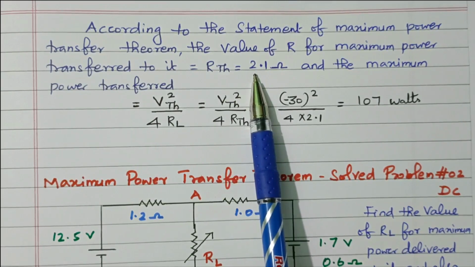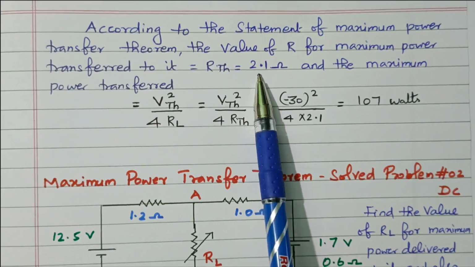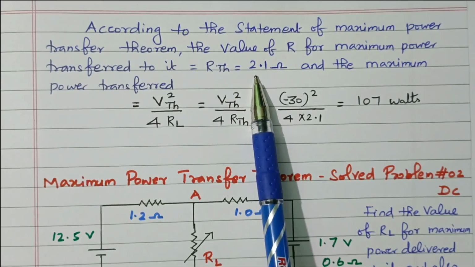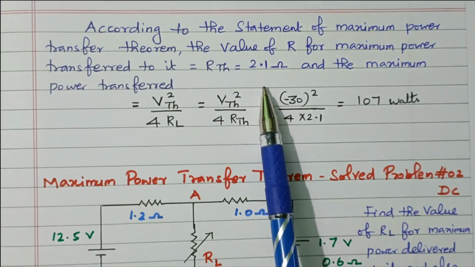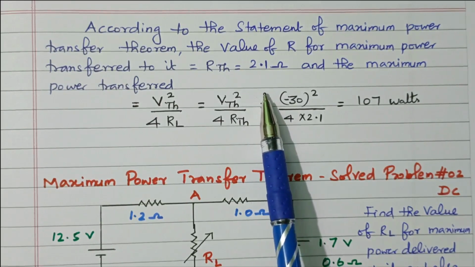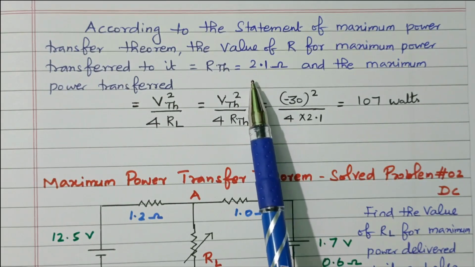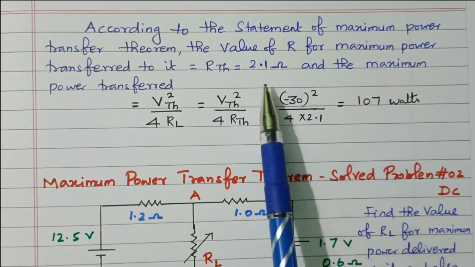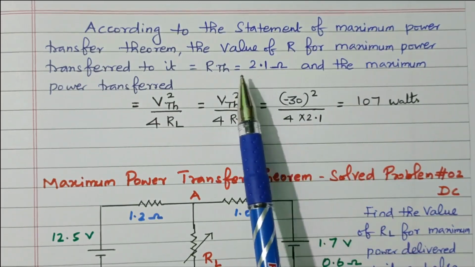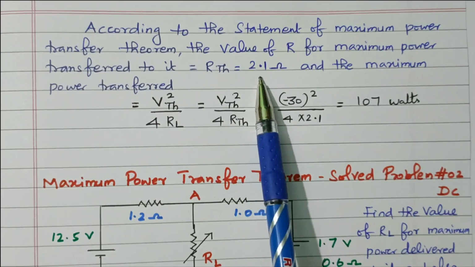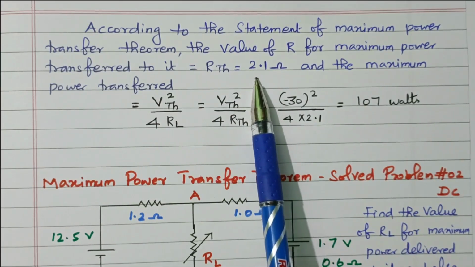Right? So the same value is applicable for load resistance. Load resistance is also 2.1 ohm. So that is why we are calculating the Thevenin equivalent circuit. Thevenin equivalent circuit contains VTH and RTH. That RTH is nothing but internal resistance. Based on maximum power transfer theorem, internal resistance equals load resistance. Right? So internal resistance is 2.1 and load resistance is also 2.1.